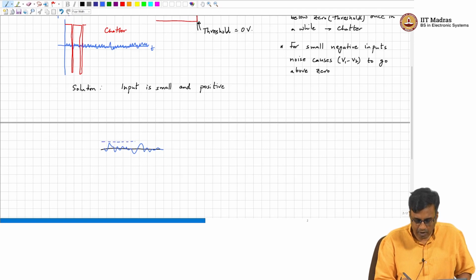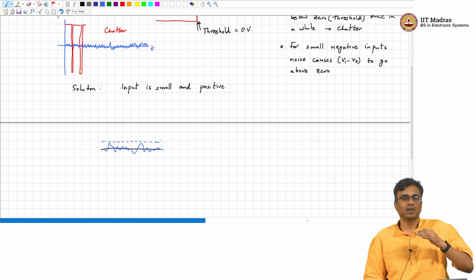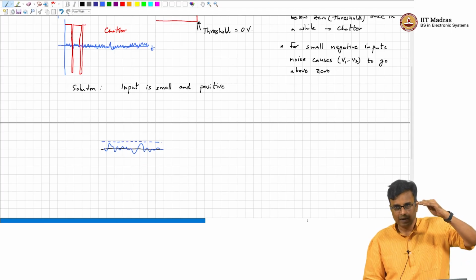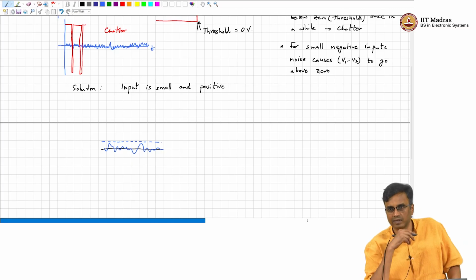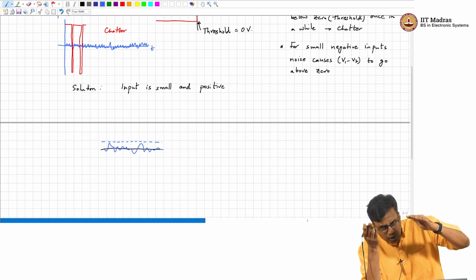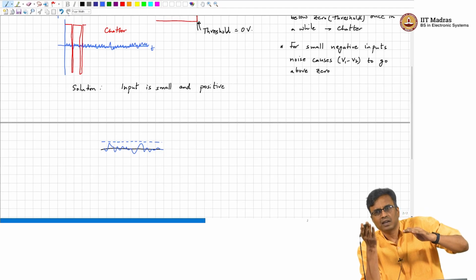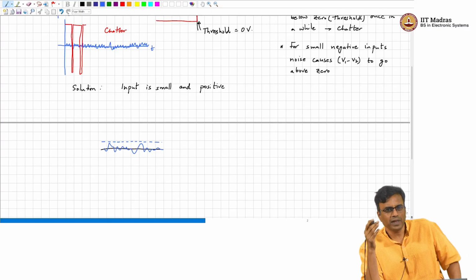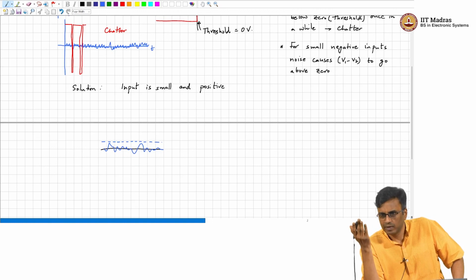Once the input crosses 0, or the comparator declares that the input is one level, whether it is plus or minus, it does not matter. If the input comes down a little bit momentarily, the comparator should not switch decision, because we should know that this small jump is actually due to some disturbance or noise.